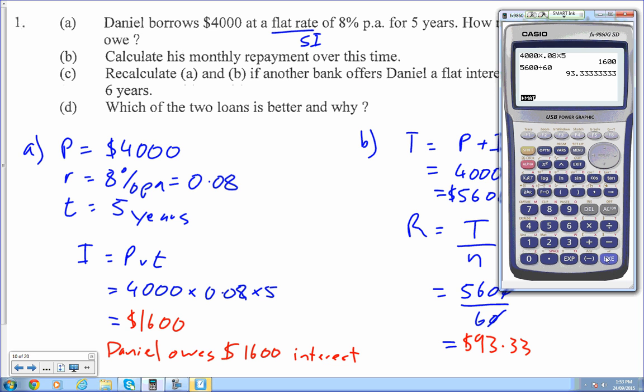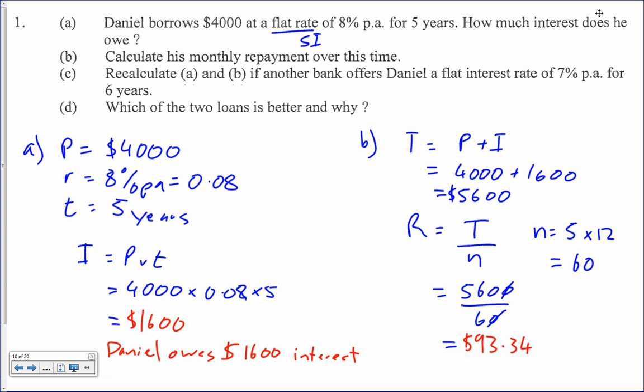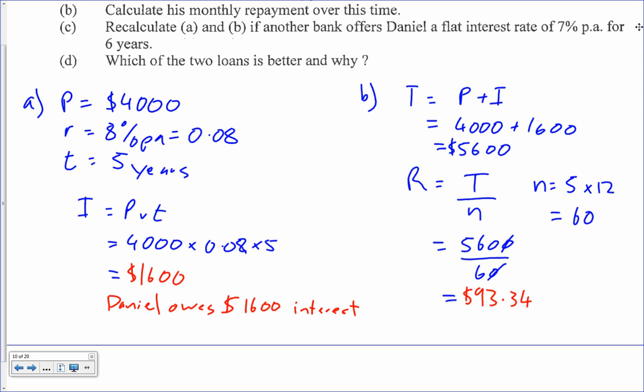In fact, when we're doing money, we always round up, so it's going to be 34 cents. It means our last month's repayment is going to be slightly less. So with this now, we can say Daniel will repay $93.34 per month.